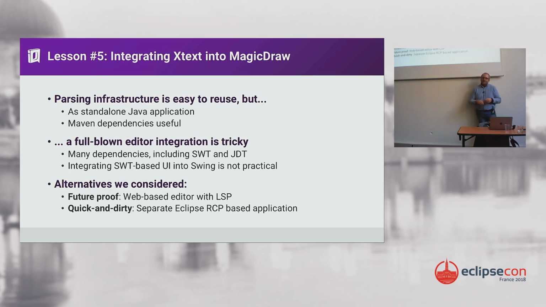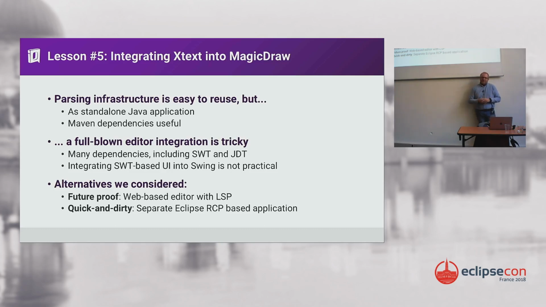In the case of MagicDraw, the entire UI of the tool is based on Swing. So embedding an SWT-based component into a Swing application is something that we experimented with, but found it not to be practical for real-world scenarios because of technological issues that date back 10 plus years. So in order to work around this issue, there were two major alternatives that we considered. One of them was to go for a very modern approach, use this language server protocol technology, which appeared in Xtext maybe about 2 years ago.